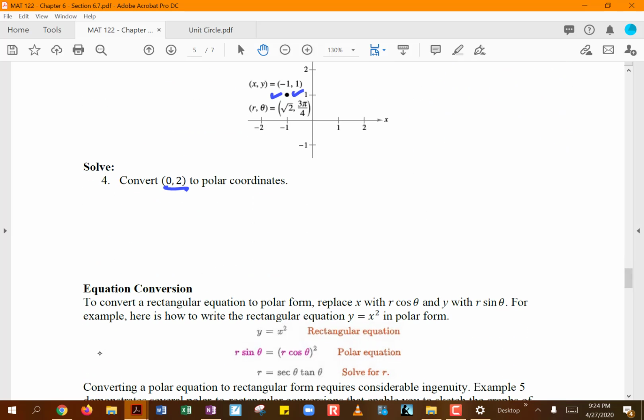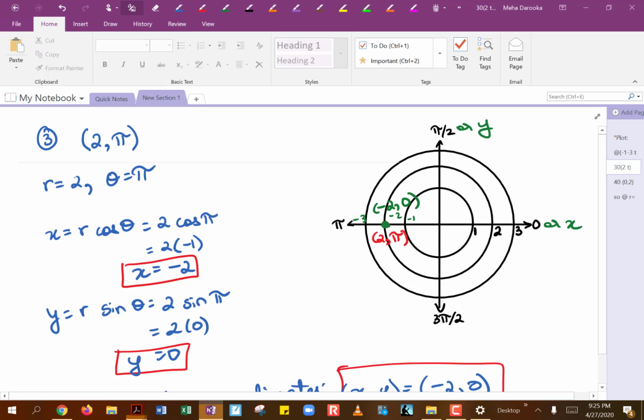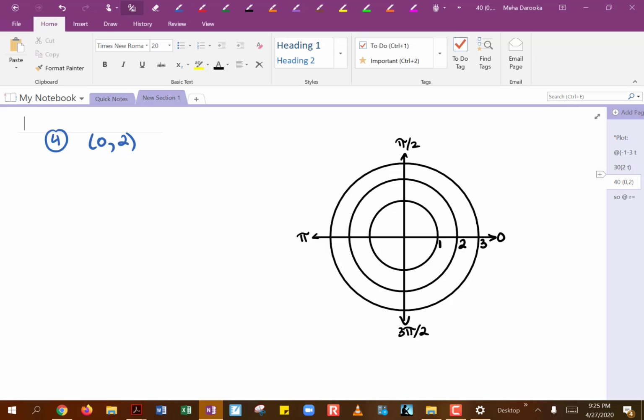Alright, so let's see. We are given the rectangular coordinate 0, 2 and asked to find its polar coordinates. So let's go over here. Again, think of this as our x-axis. Think of this as our y-axis. So when you are plotting the point 0, 2, this would of course be positive 1, positive 2, and positive 3 on our y value.